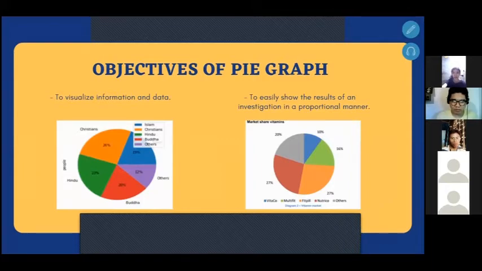So the objectives of a pie graph. By the way, I am Marilizal, and I will be tackling the objectives of a pie graph. The first objective is to visualize information and data. One of its objectives is to show information and data gathered, for example, in a research. The next is to easily show the results of an investigation in a proportional manner.